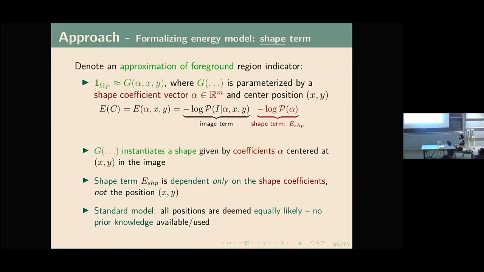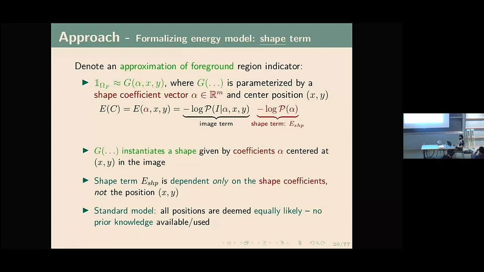So we'll now move on to the shape term of the energy. We'll let G denote a smooth approximation to the foreground region indicator function. G is parameterized by a vector shape coefficient alpha and a center position xy. This function G can be thought of as instantiating the contour with the shape described by alpha, centered at xy in the image.